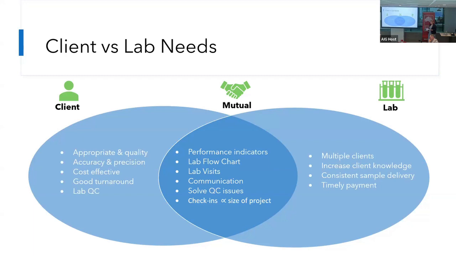This can be promoted by lab visits. Clear communication channels. Timely and ongoing QC analysis of both client and lab samples. A willingness to address, solve and document QC issues as they arise, and they will. And lastly, check-ins proportional to the size of the project and stage of exploration.